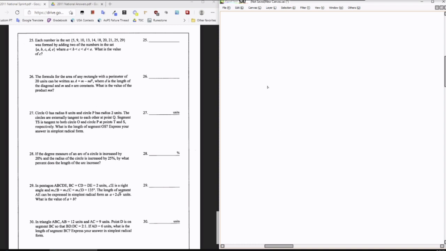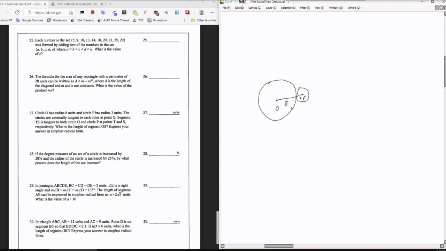So, I don't have a circle drawing tool, so this is going to be very rough. So, circle O, radius 8 units, and circle P has radius 2 units. I'll draw them like this. Circle P, radius 2 units.